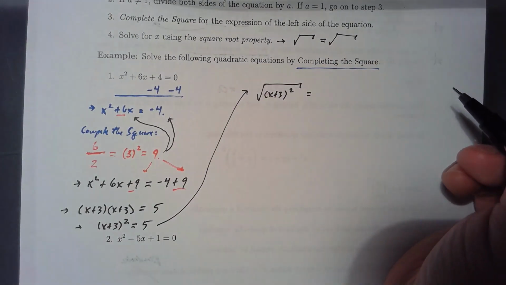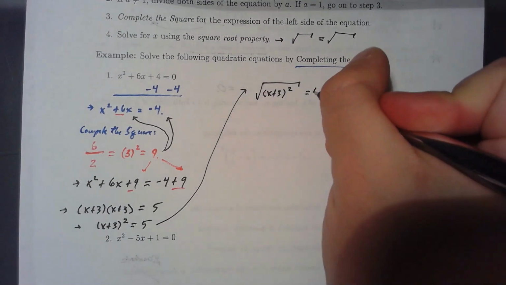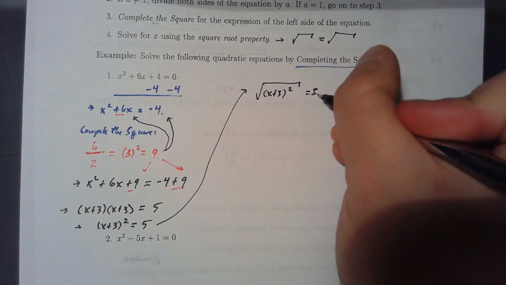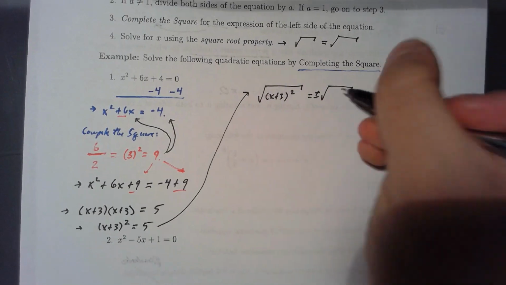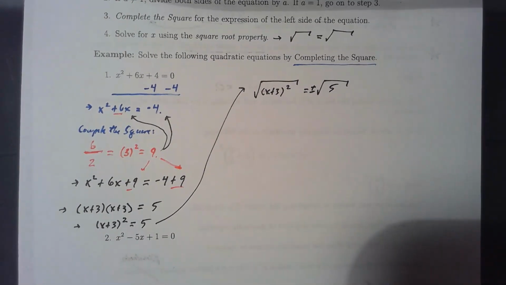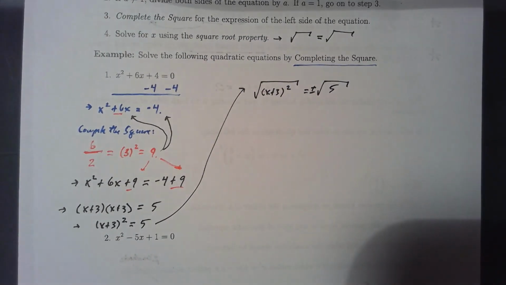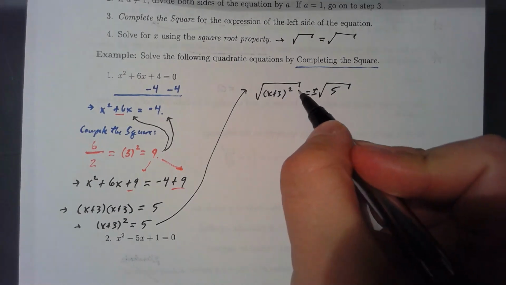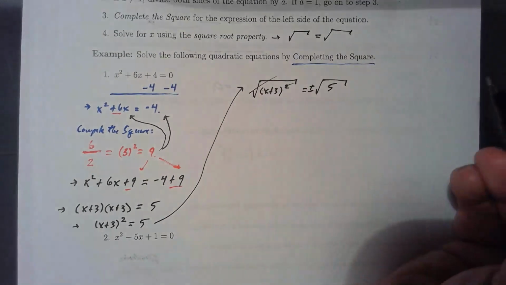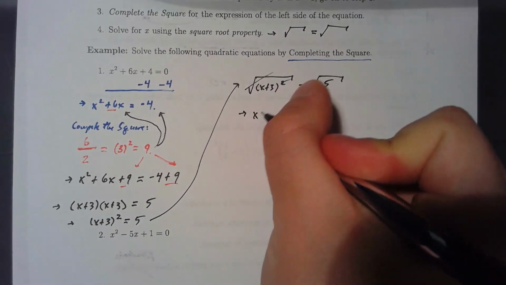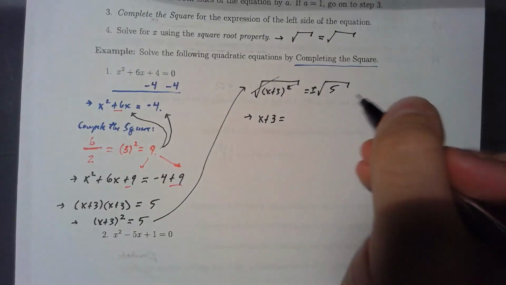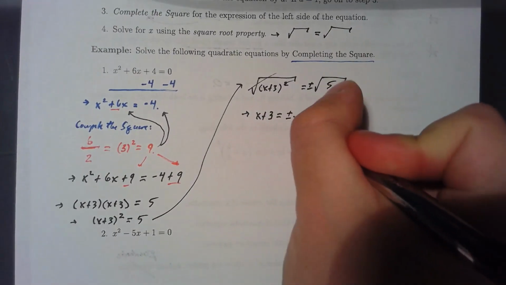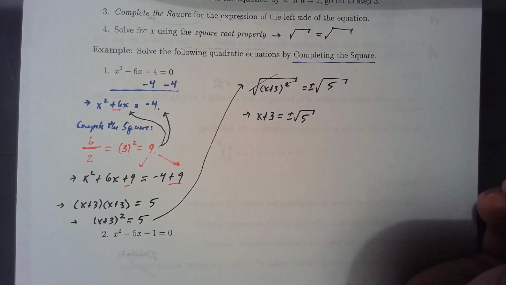When you take the square root, what do you do? You add a plus or minus out front of the square root of 5. The square root and the square cancel out, which is exactly what we needed. So now you have x plus 3 equals plus or minus the square root of 5.